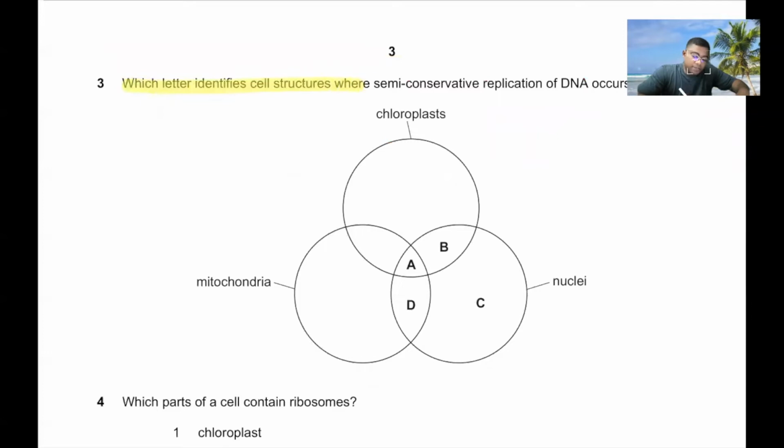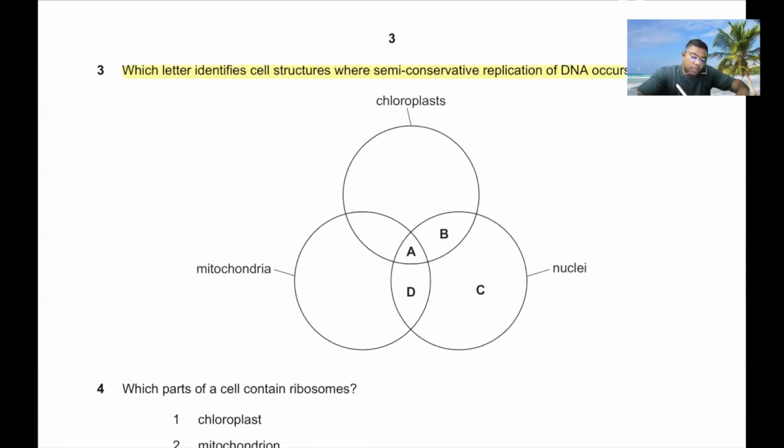Which letter identifies the cell structure where semi-conservative replication of DNA occurs? Semi-conservative replication of DNA will occur in chloroplasts because they have their own DNA, in mitochondria because they have their own DNA, and also in nuclei, because in nuclei we have the DNA. So option A will be correct for all of them.